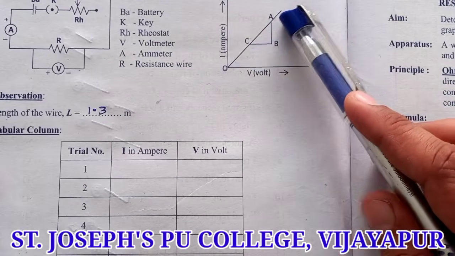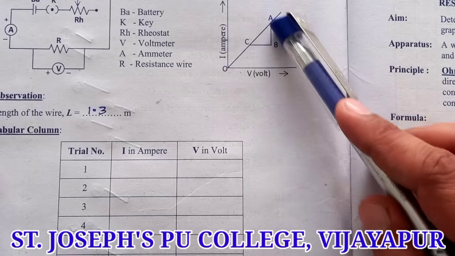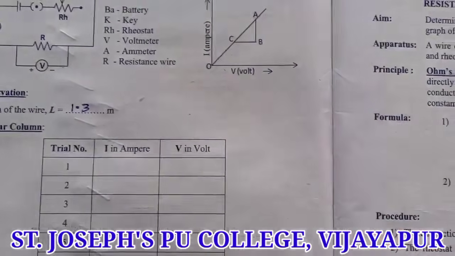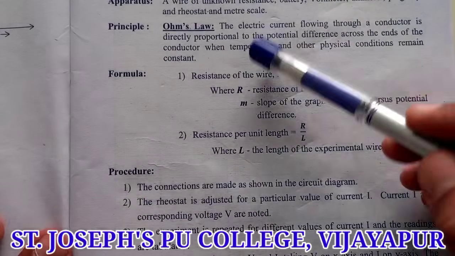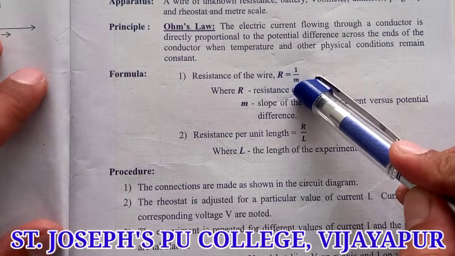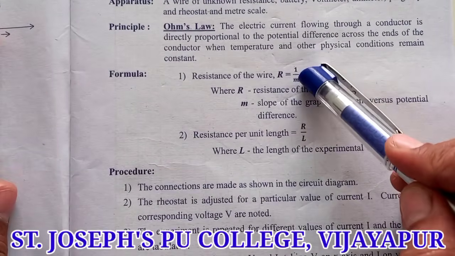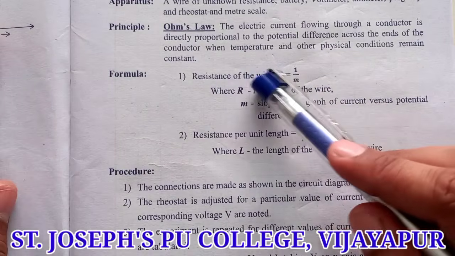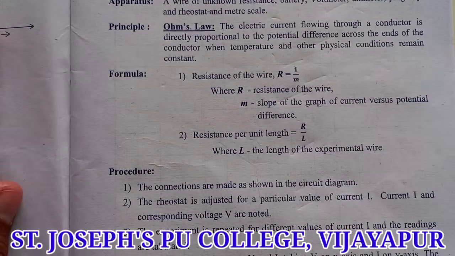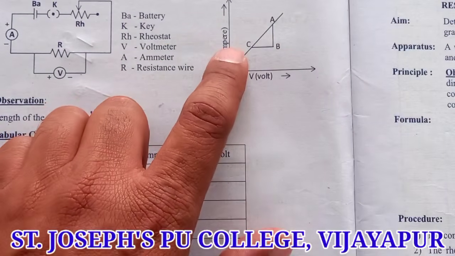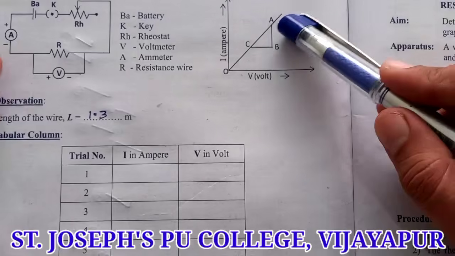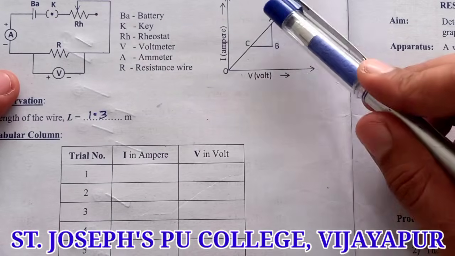We have to take the slope of this line, and by calculating the slope of the graph, it is easy to find the resistance of the wire, because this slope gives us AB divided by BC, the y-axis value divided by the x-axis value.